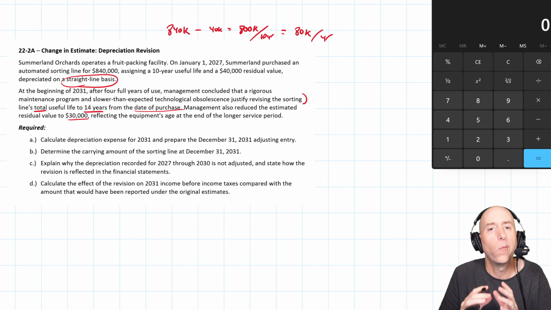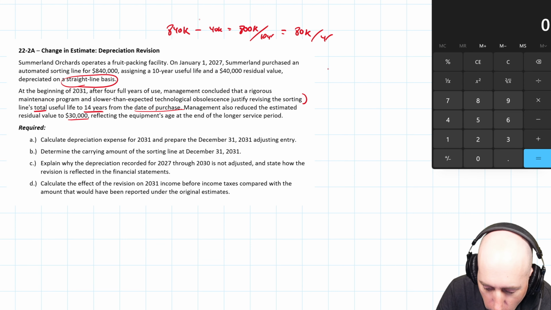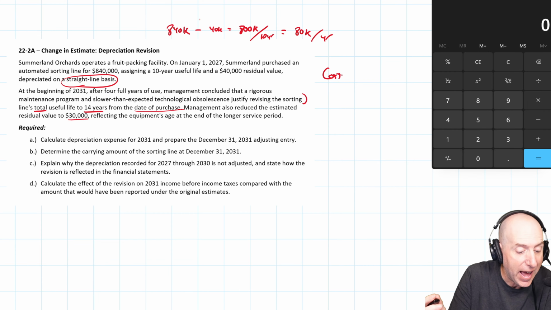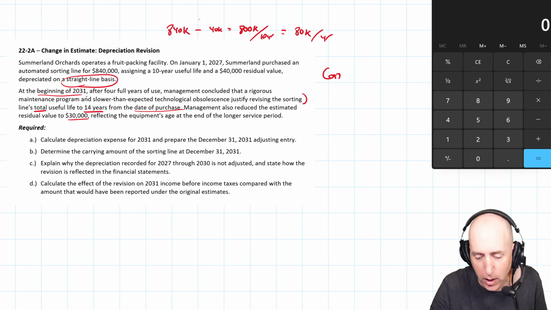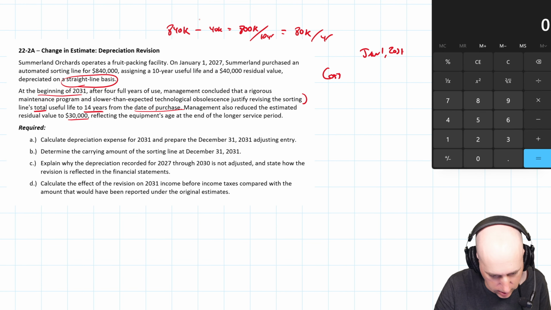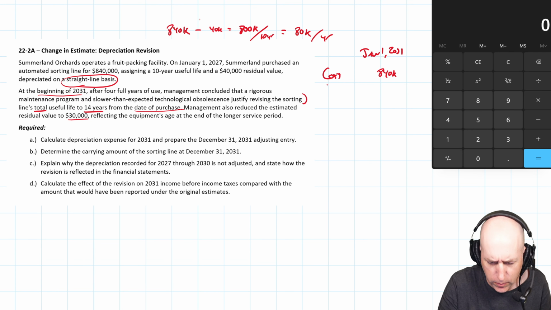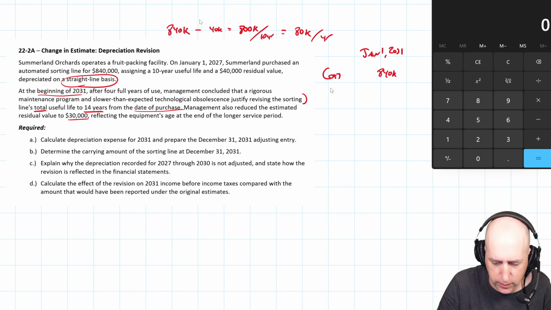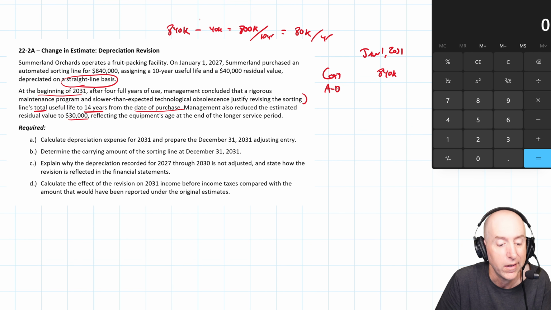Well, you have to say, where is the asset now? Like, what is it sitting at on our books? So its cost, and when is now? Now is the beginning of 2031, when we make the change. So on January 1st, 2031, we showed a cost on this asset of $840,000, just what we paid for it. Our accumulated depreciation so far was how much? Well, we had 4 years worth of depreciation.